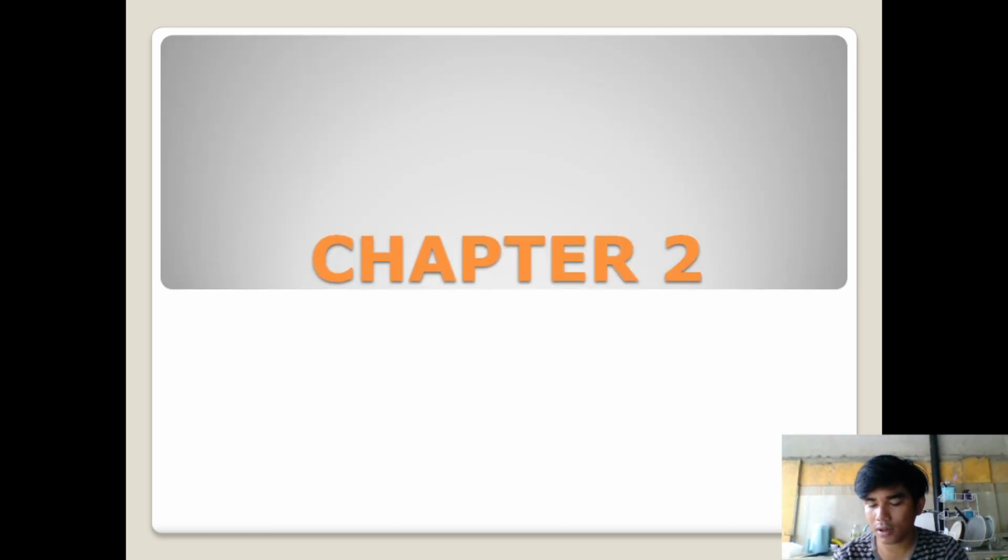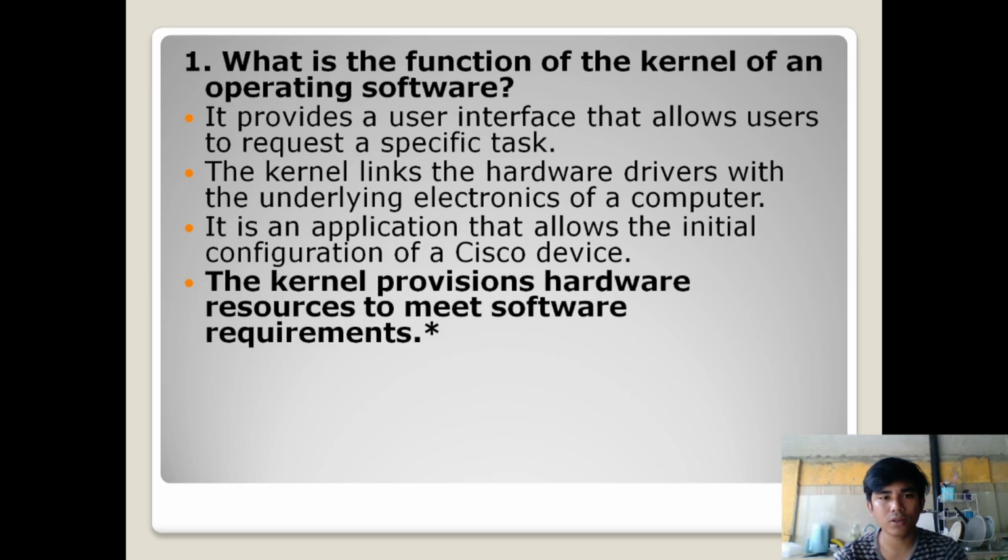So let's go to the summary reviewer for chapter 2. The first question: what is the function of the kernel of an operating software? My answer is the kernel provisions hardware resources to meet software requirements.